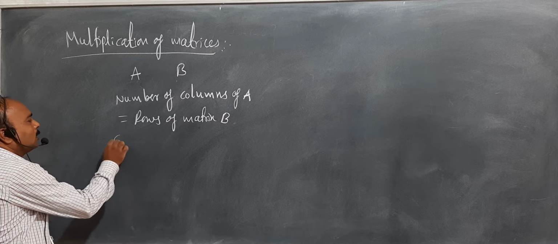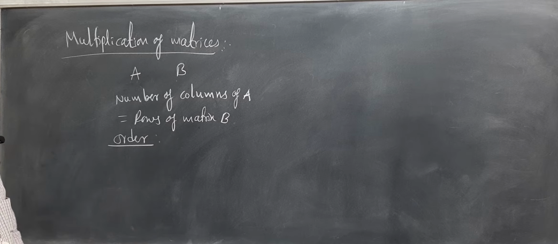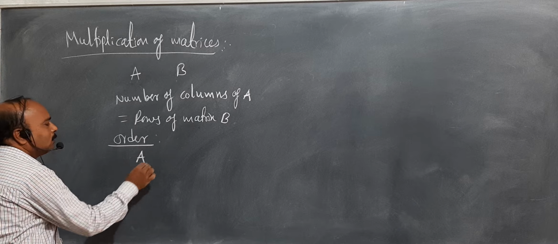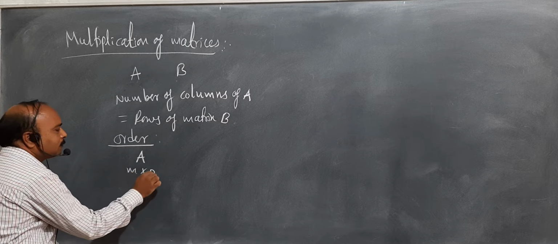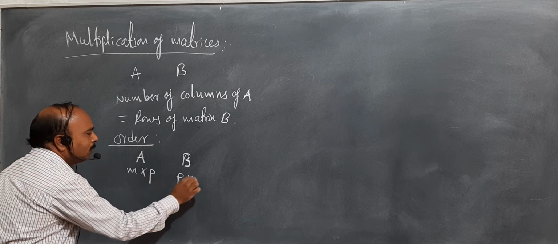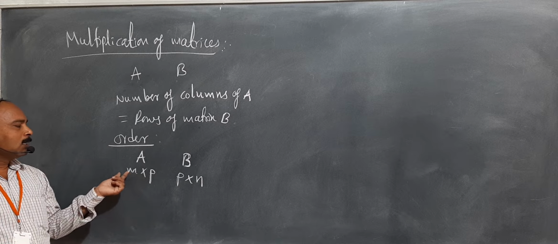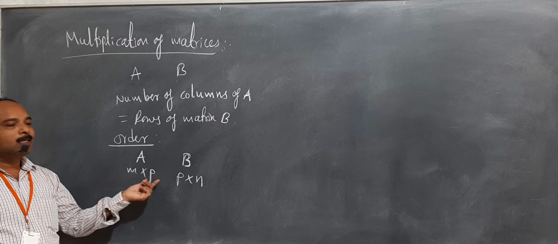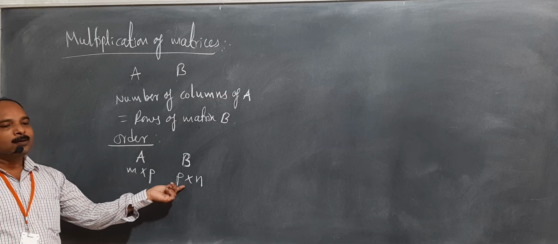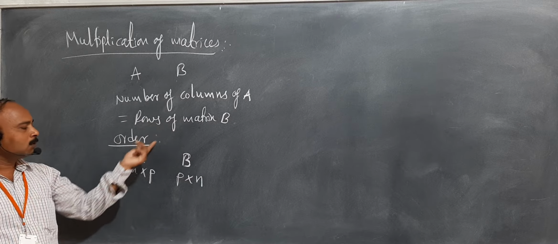And if you observe the order of the matrices, suppose A is a matrix of order M by P and B is a matrix of order P by N. Now here we observe that the number of columns equals P and the number of rows equals P, which is the required condition for multiplication of the matrices.